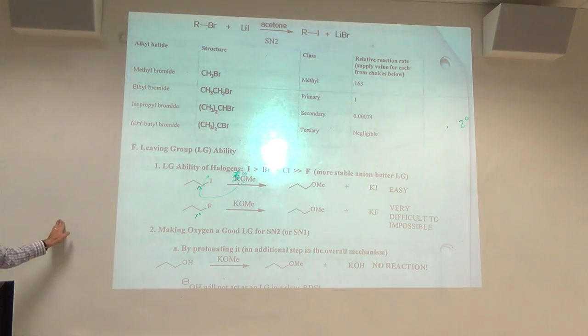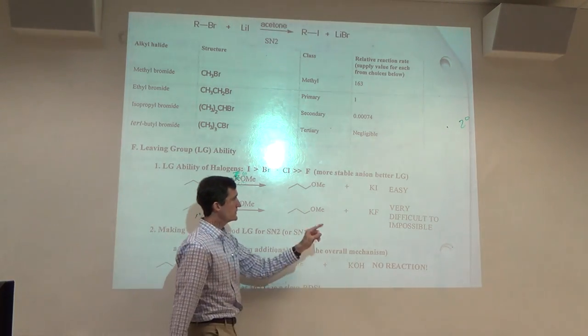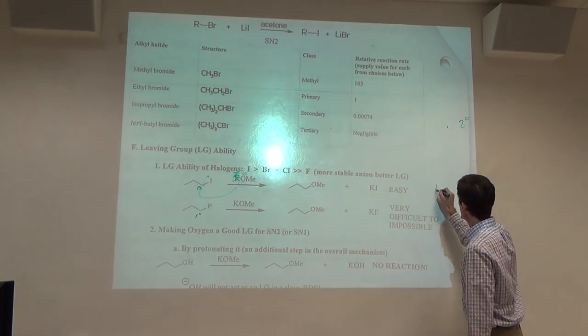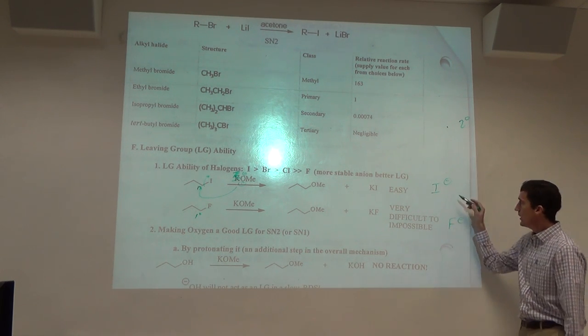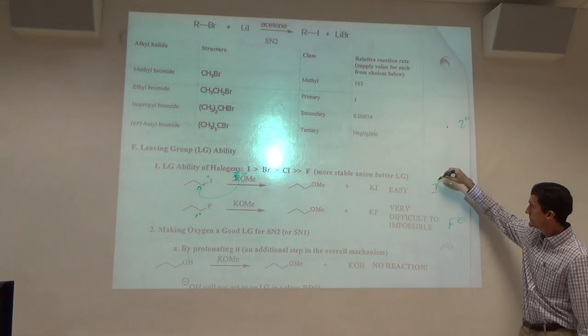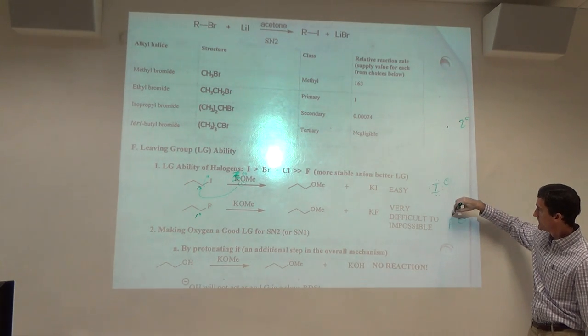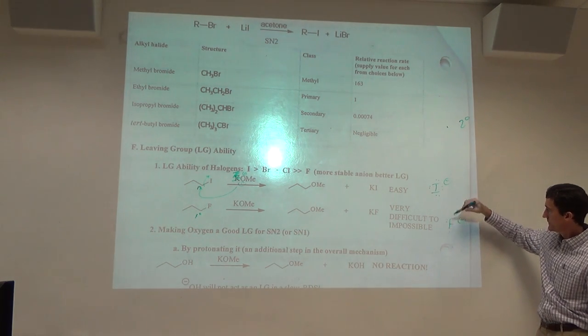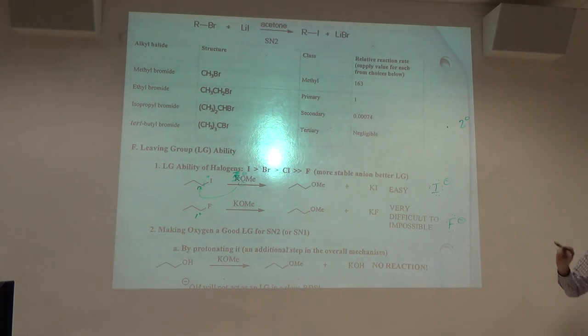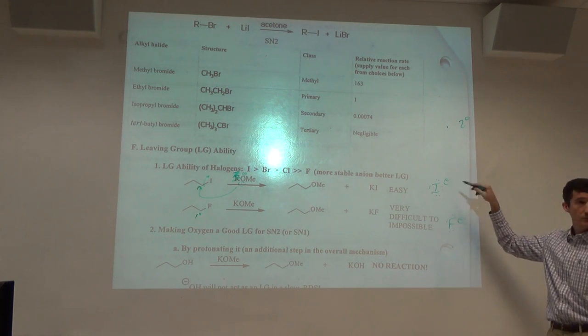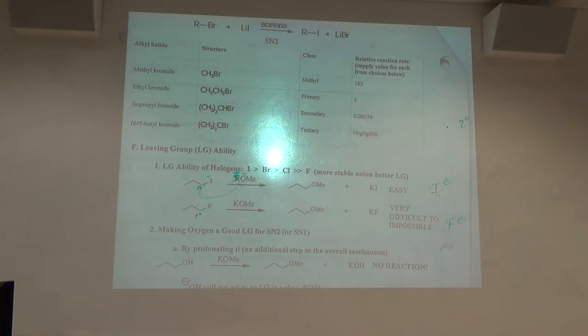Now, why is iodine a better leaving group? Well, let's look over here at the stability. Up here we're making I minus, and here we're making F minus. Which is more stable? Yeah, I minus. Why? Because it's larger. The charge is more spread out over a larger atom.